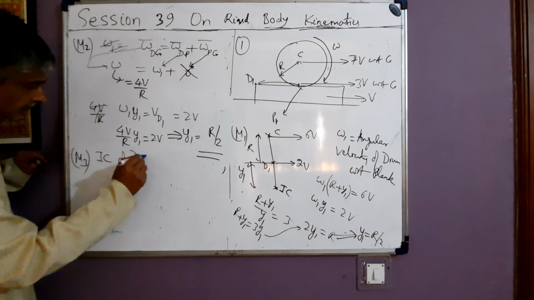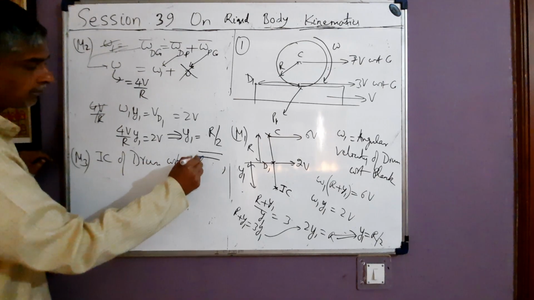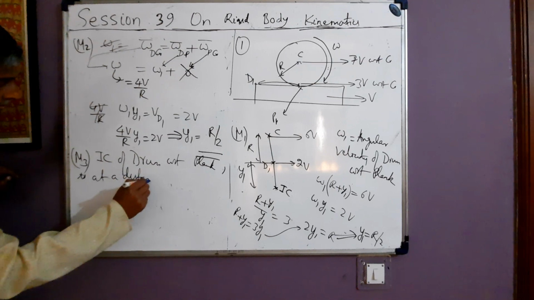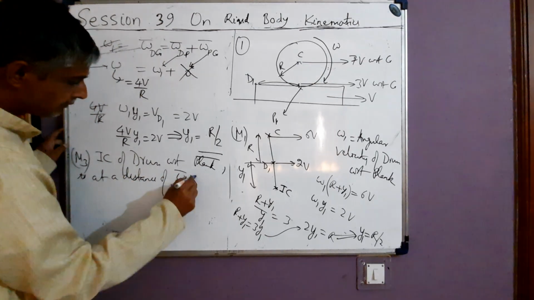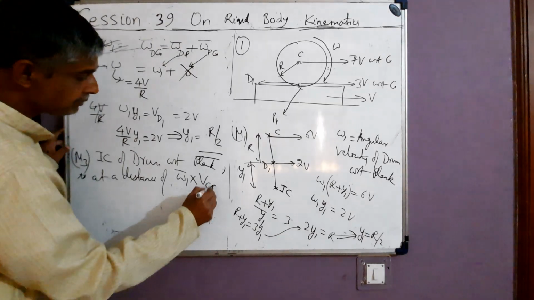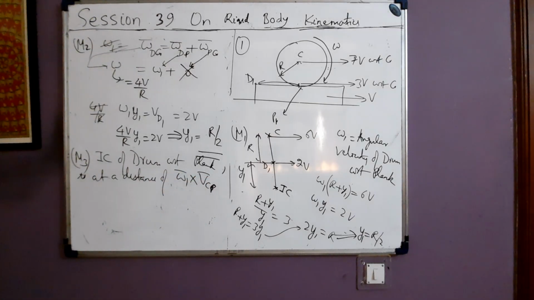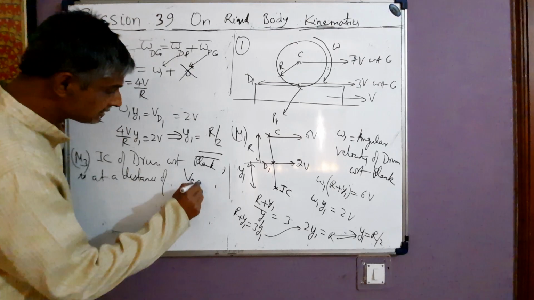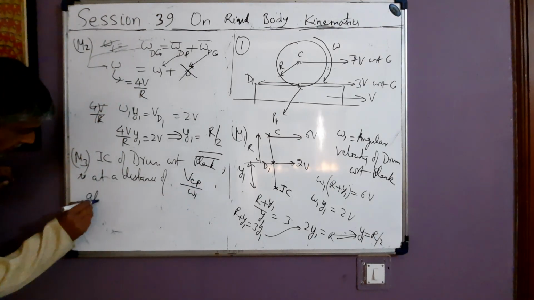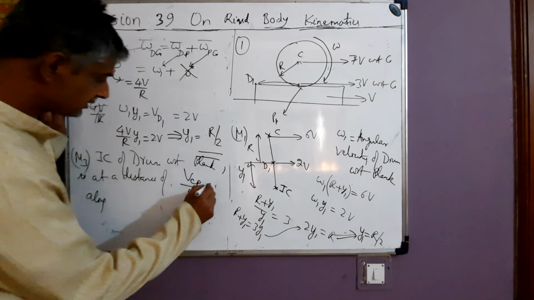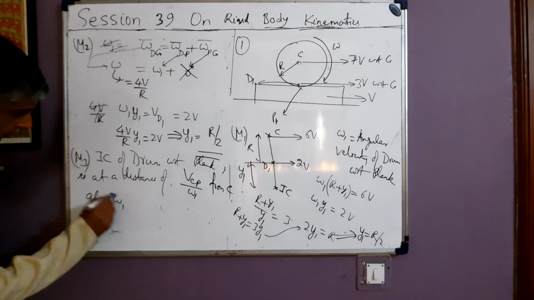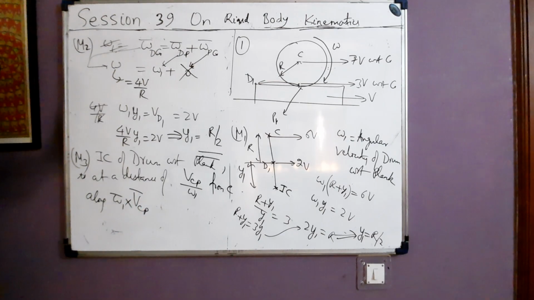IC of drum with respect to plank is at a distance of VCP by omega 1 from C along the direction of omega 1 cross VCP.